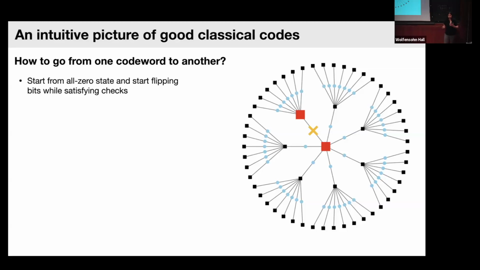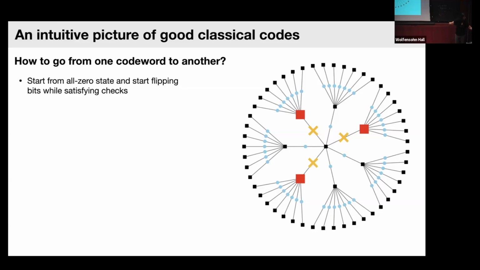Those become unhappy, because those local codes have some distance of their own, which in this case, if I'm just thinking about this Hamming code, the distance is 3. So if you only flip one bit here, these local codes can't be happy. So now you need to start flipping some more bits here. And then when you flip some more bits, now you flipped 3 bits, so this central code can be made happy, but then some other codes further out have become unhappy.